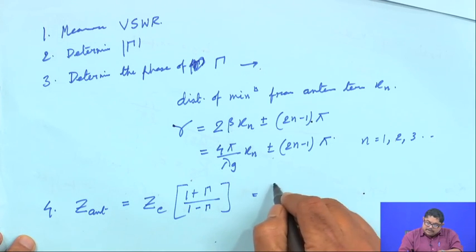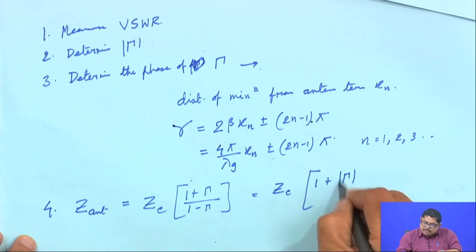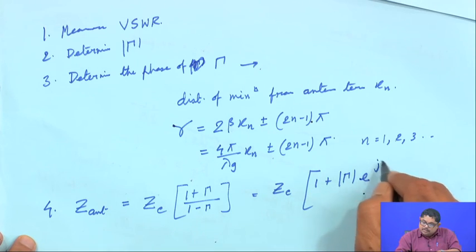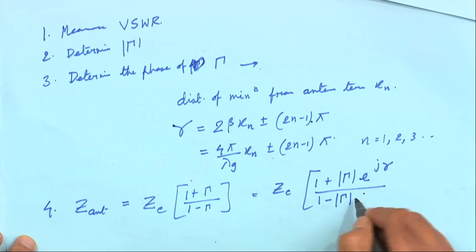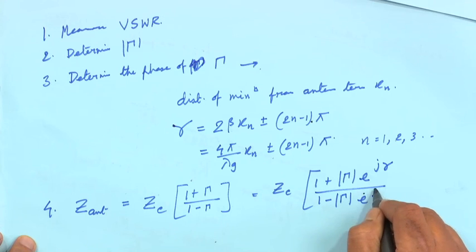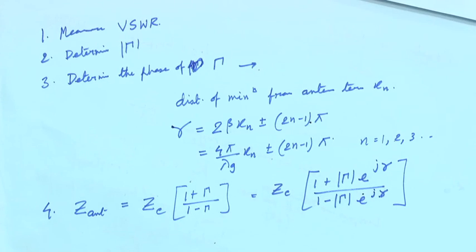So, that is ZC times (1 plus magnitude of tau e to the power j gamma) by (1 minus magnitude of tau e to the power j gamma). That is all. By that you will find the antenna impedance.